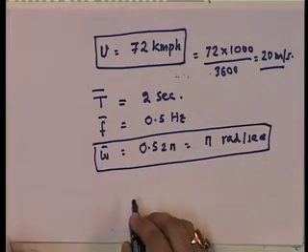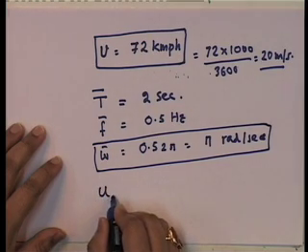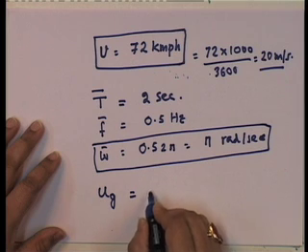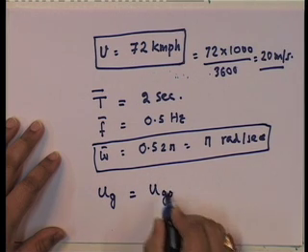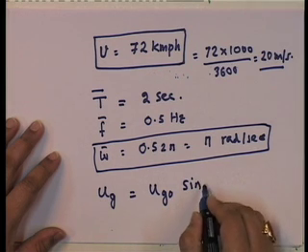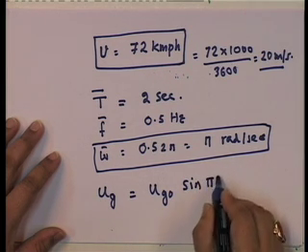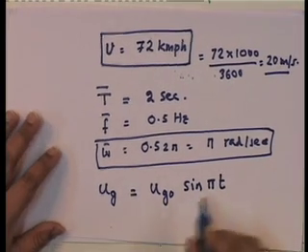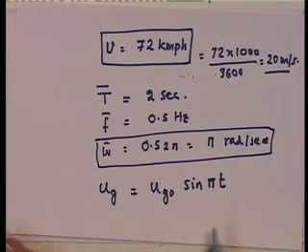So, in other words, I can now say that this UG can be written as UG0 into sine pi t. Is that okay? So, now this is the displacement.